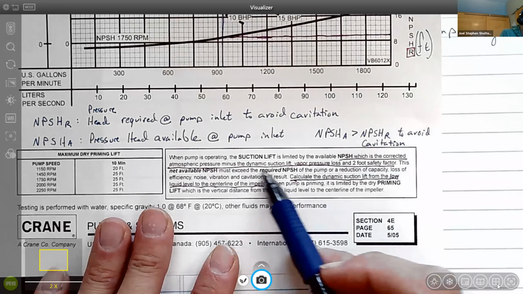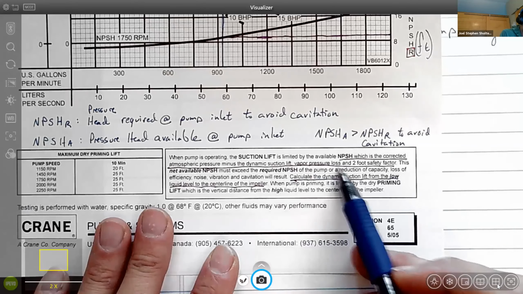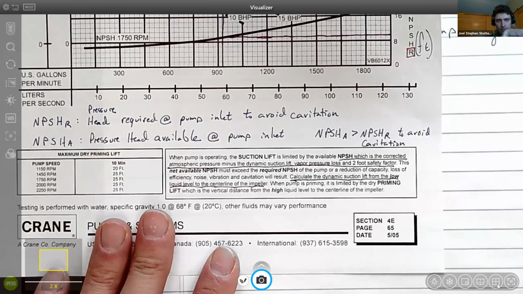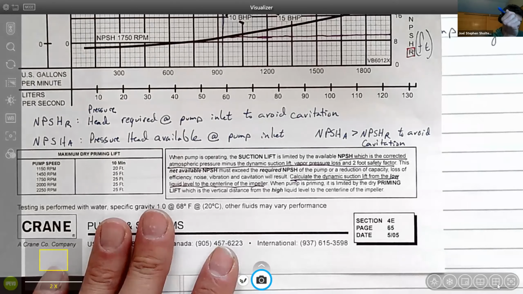Minus the dynamic suction lift, vapor pressure loss, and a 2-foot safety factor. So they put in a 2-foot safety factor just to be safe. Meaning, if you didn't have that, the pump could be 2 feet higher. So they're automatically lowering the pump by 2 feet just to be safe, because it's hard to get these things perfect.